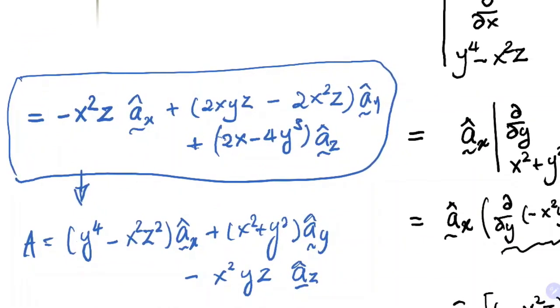For the one I gave earlier, the z component should be 2x minus 4y cubed.